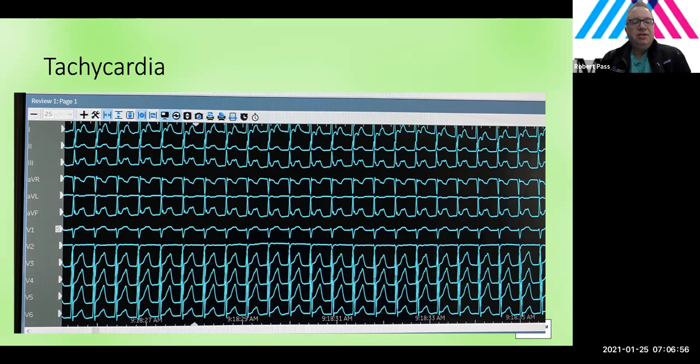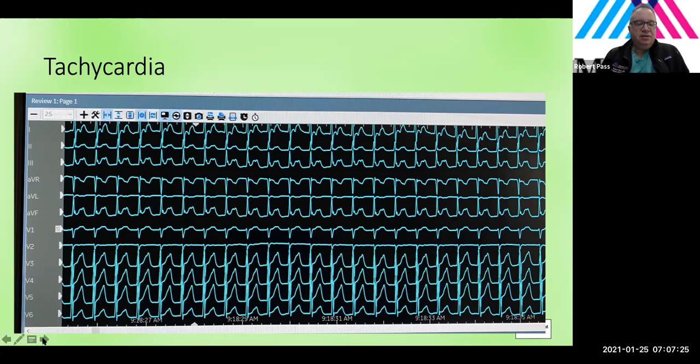I'll be honest in saying I'm not sure I believe in that diagnosis. I think that most of the time those are just AVNRTs. And then finally, it could be a primary atrial tach, an ectopic atrial tachycardia. But in this case, some kind of reentrant tachycardia, and the presumption at this point is that it is from the accessory pathway.